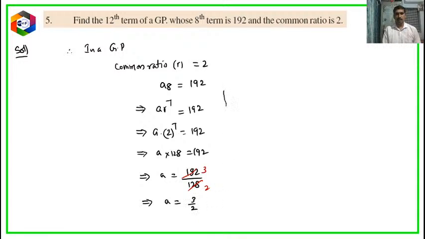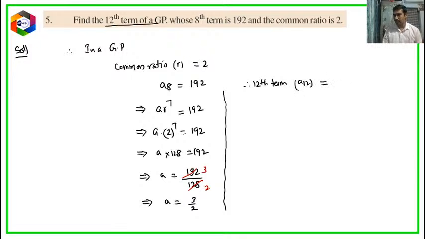Children, now the A value is very clear, and we already know the R value. Once we know A and R, it is possible to find any term in the progression. It is asked to find the 12th term of the GP, A12.